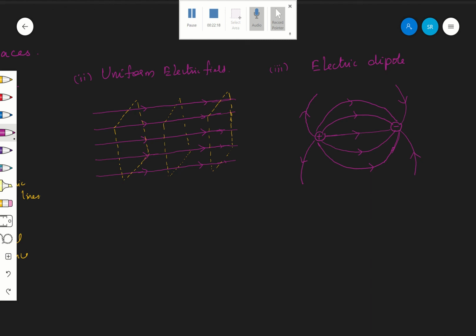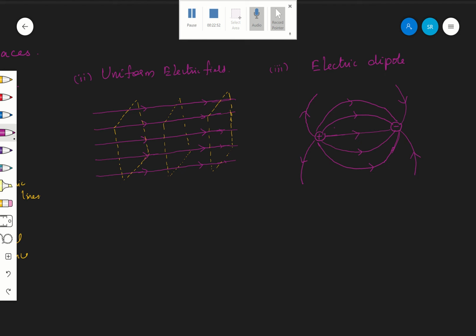Now the electric field lines are done. Now we have to draw the equipotential surface. I told you equipotential surfaces are closer in a strong field. If you see this point, the field line will be in this direction. What is the electric field here? It will be going towards it, and due to this also it will be attracting.